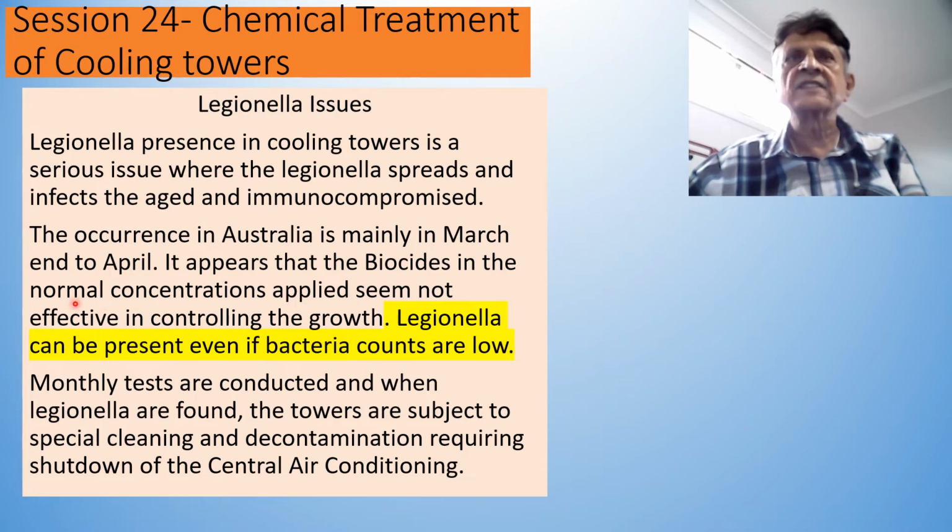It appears that biocides at the normal concentration supplied seem not to be effective in controlling the growth, so Legionella can be present even if bacteria counts are low. Monthly tests are conducted when Legionella are found. The towers are subject to special cleaning and decontamination, requiring a shutdown of the central air conditioning system.